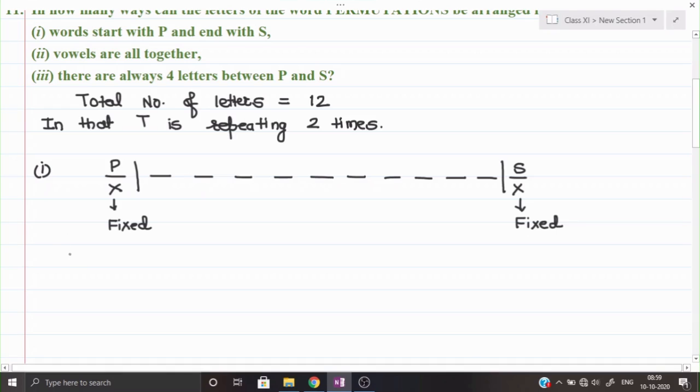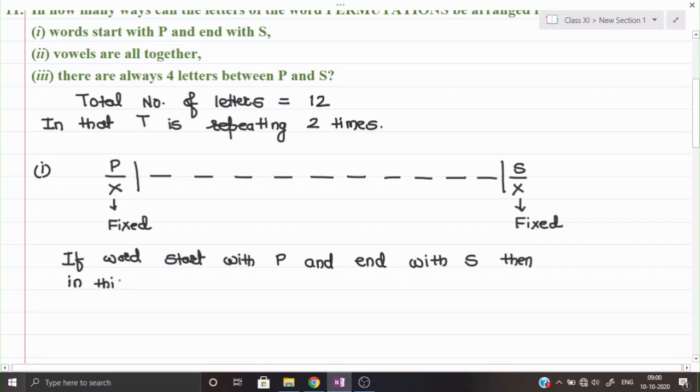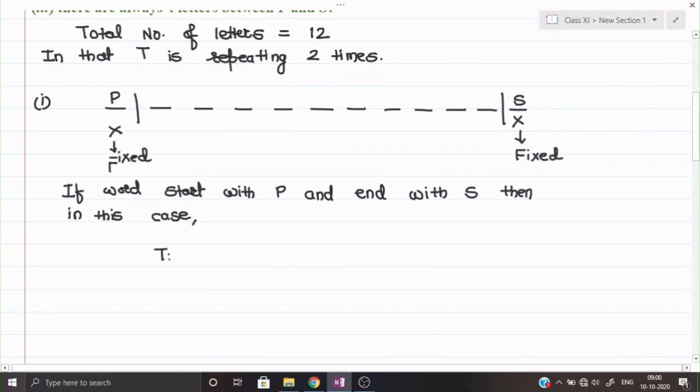So we can say that if the word starts with P and ends with S, then in this case the total number of letters remaining is 10, because earlier the total number of letters was 12, but since 2 letters are now reserved at the beginning and ending, 10 letters remain. In those 10 letters, is any letter repeating?